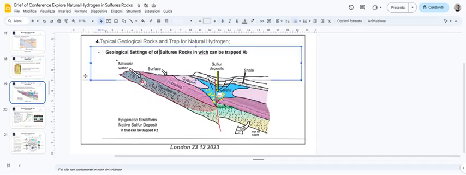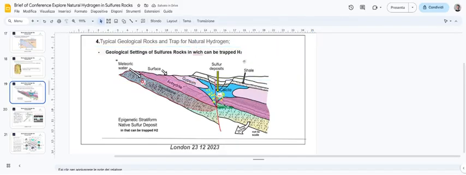Geological settings of sulfurous rock in which white hydrogen can be trapped. For example, we have a typical context with layers that are not flat but dip about 20 or 13 degrees, with the faults, with a system of faults like a flower, and in which, for example, we have anhydrite.